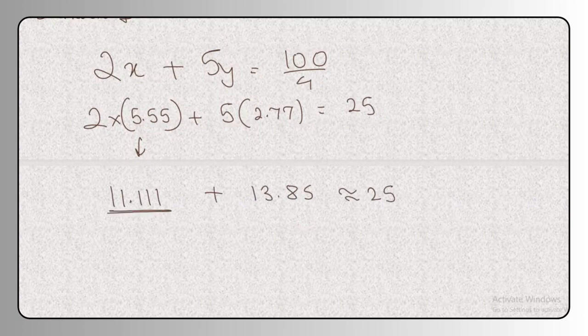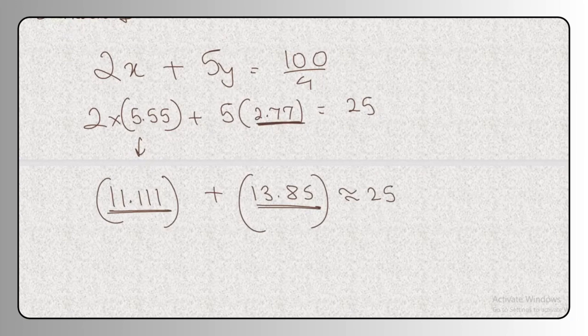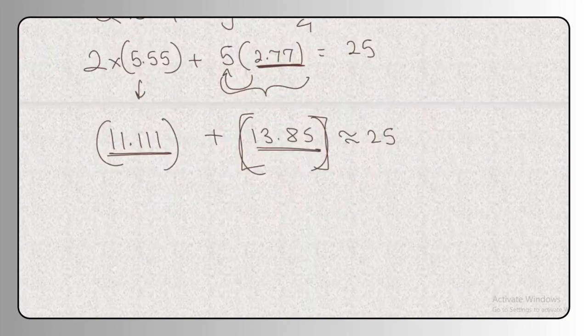This is the contribution from the two men, and this is the contribution from the five boys. Although the rate of a boy is less, the number of boys is more. So combined, the total work contributed by the boys is a little greater than that of the men.